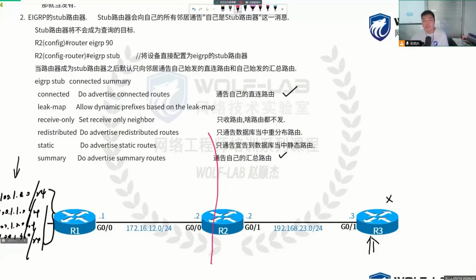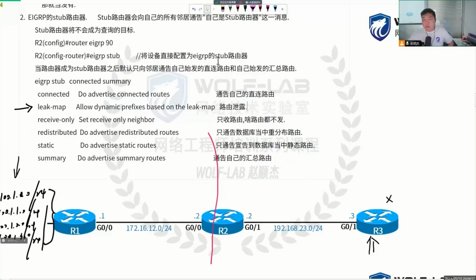Look at this thing called a leak map. The leak map, students, we call it route leaking. After we become a boundary router, now we don't pass any routes, but we can choose. Basically only passing direct connections, only passing those we are aware of. We can leak some specific routes from my database.